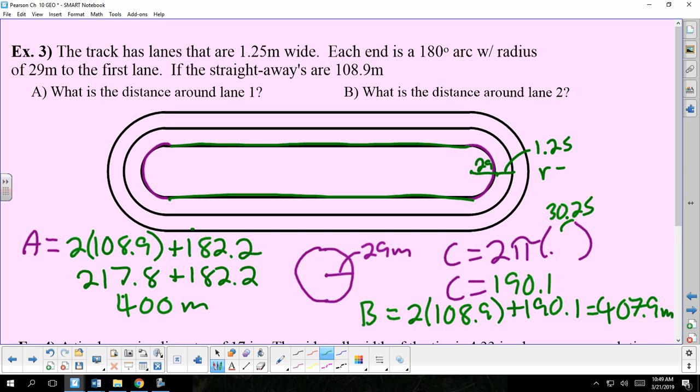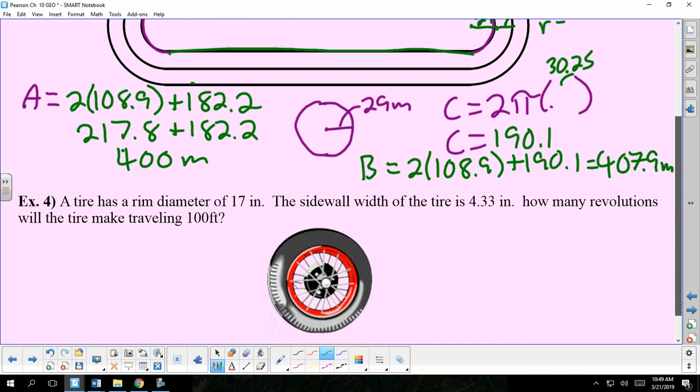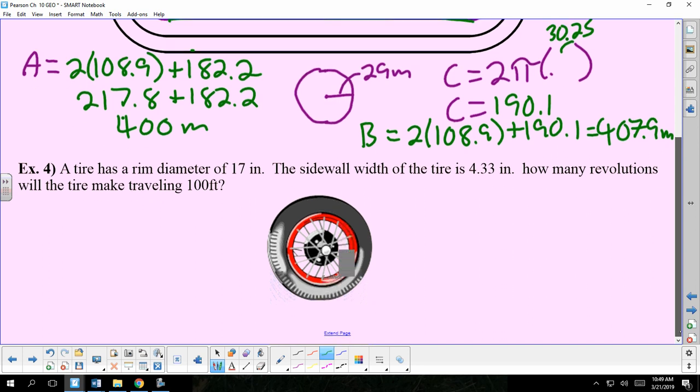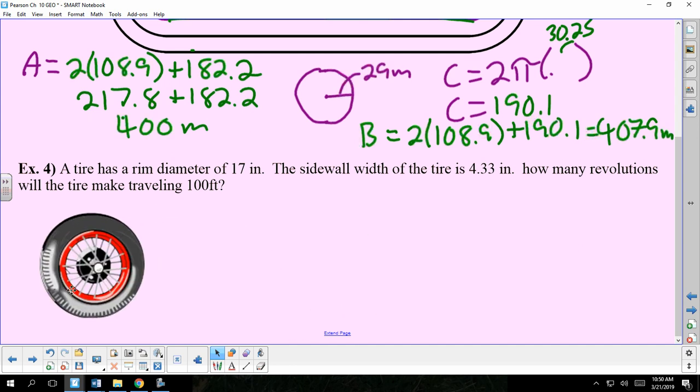All right, so using this idea in track and field. The last example for today: a tire has a rim diameter of 17 inches. So we have our rim right here. I'm going to redraw this to make it a little easier for me to visualize.